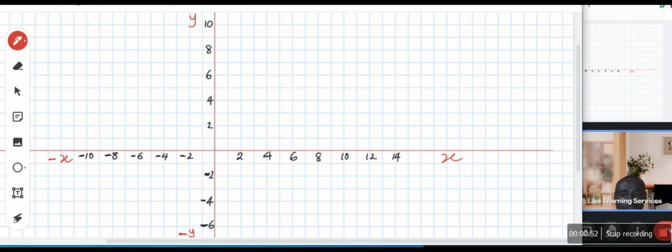Okay, so if I dot a point here, for instance, the coordinate of this point is its position on x and its position on y. So let me call it point A. What is its position on x and what is its position on y?